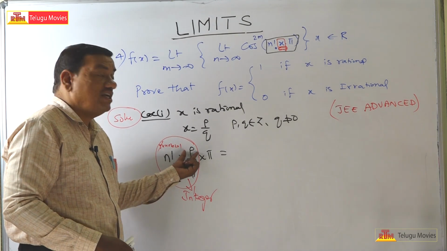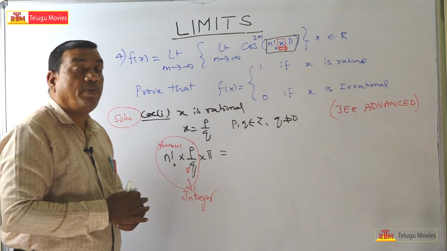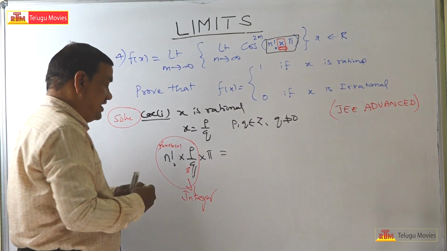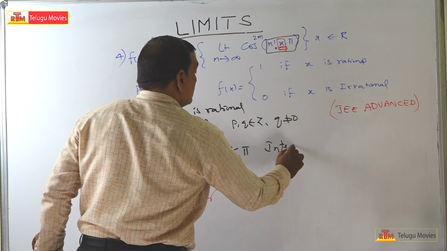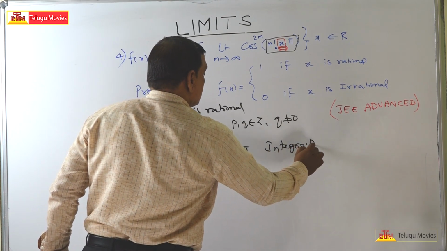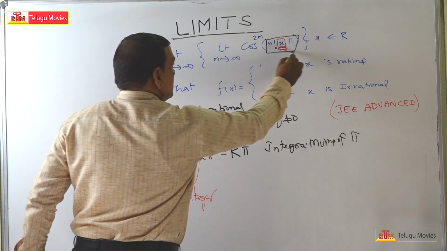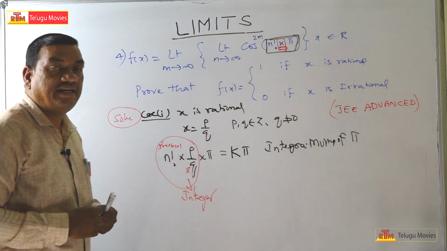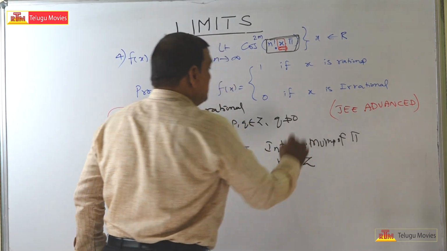Integer into integer is an integer. Therefore, integer into pi. On the whole, it is an integral multiple of pi, where k is an integer.